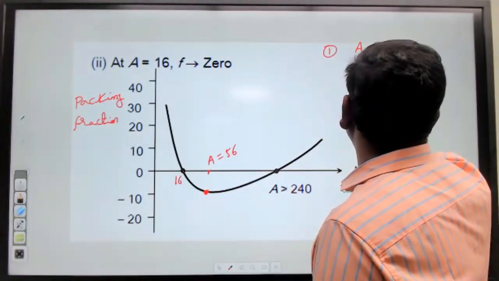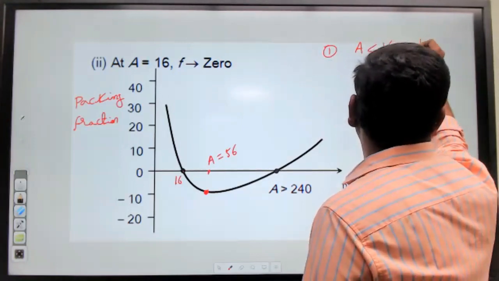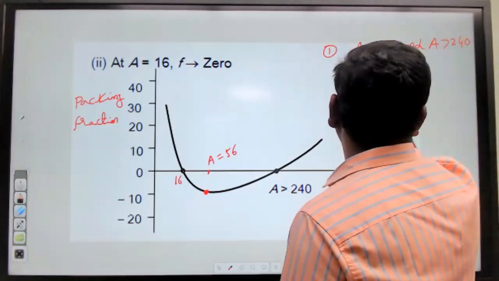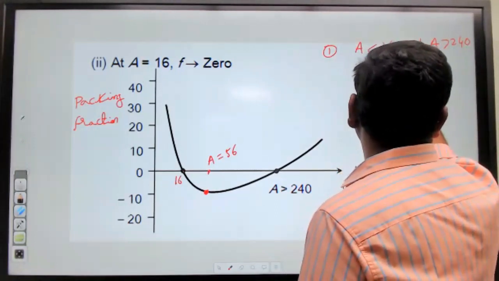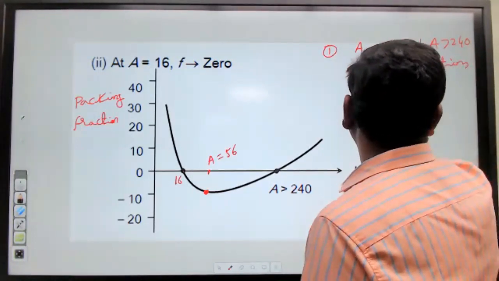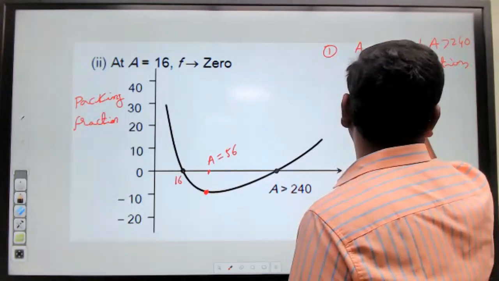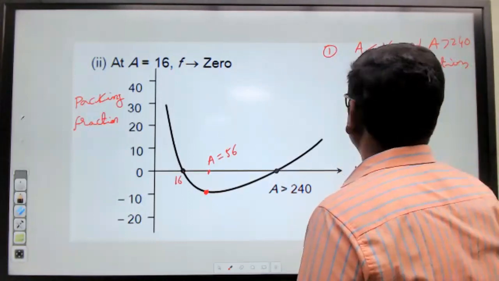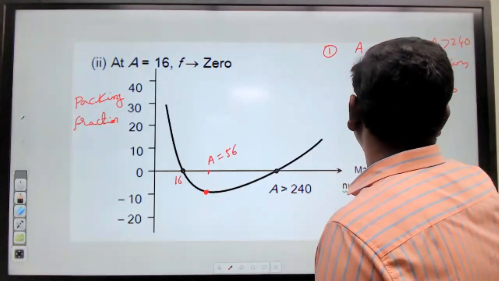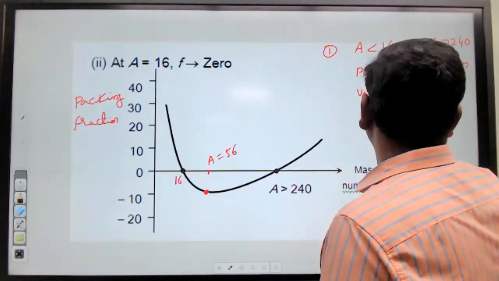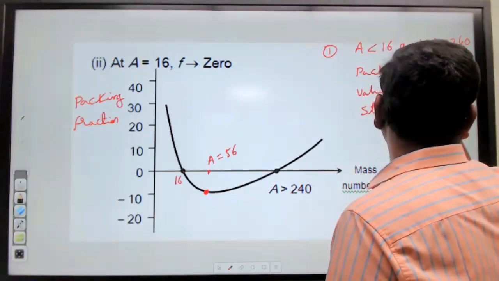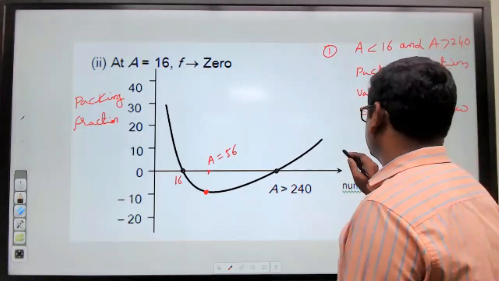A less than 16 and A greater than 240, packing fraction value is high. So stability is low stability.